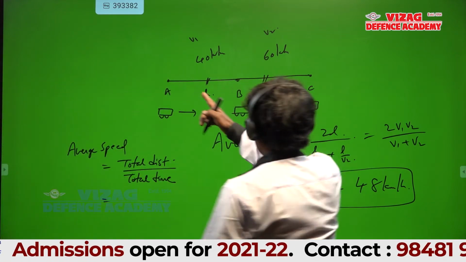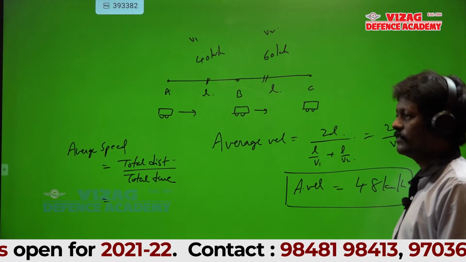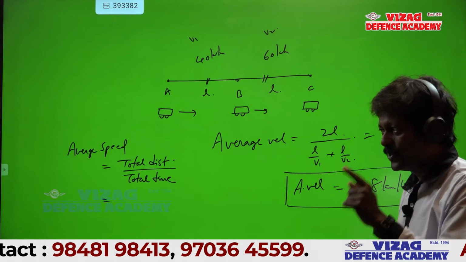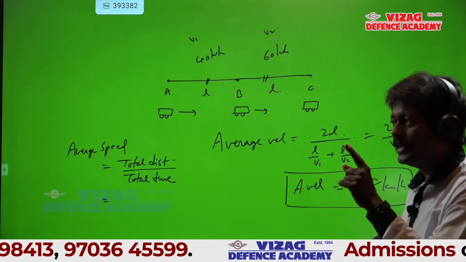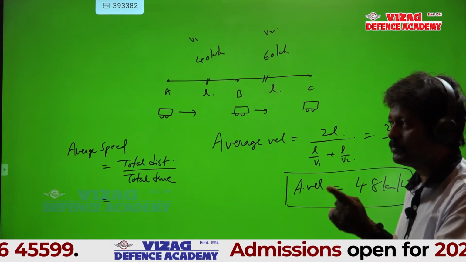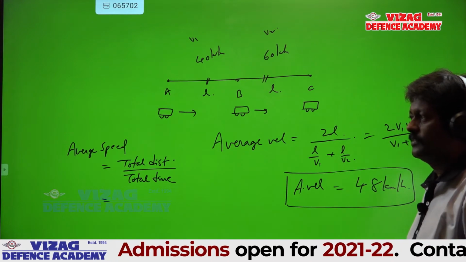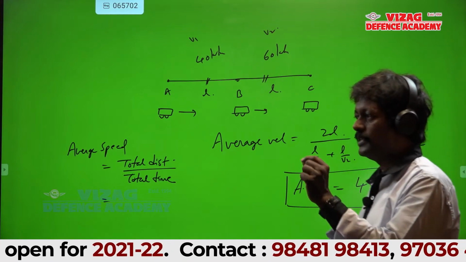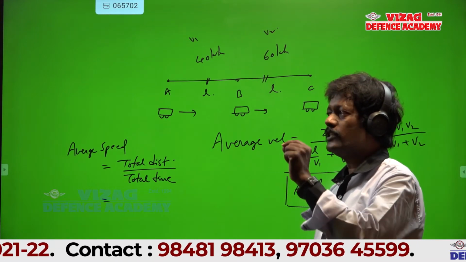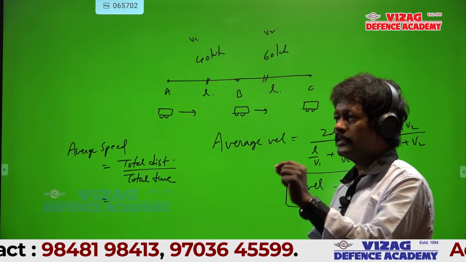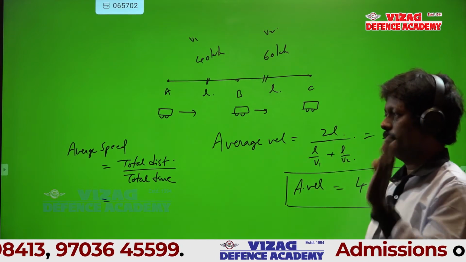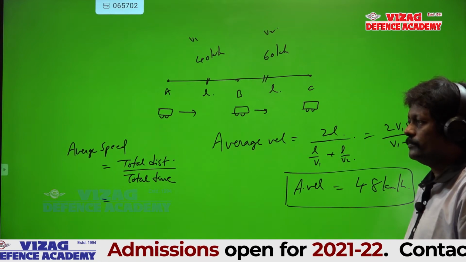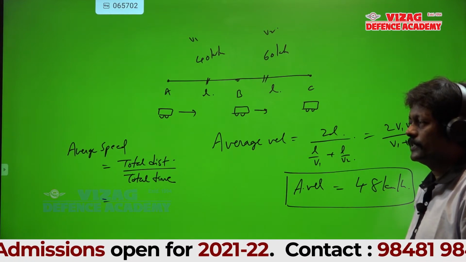Again, what is the total distance? 2L. One important point, when can the distance and displacement be same for a body? Let me see who can answer that.